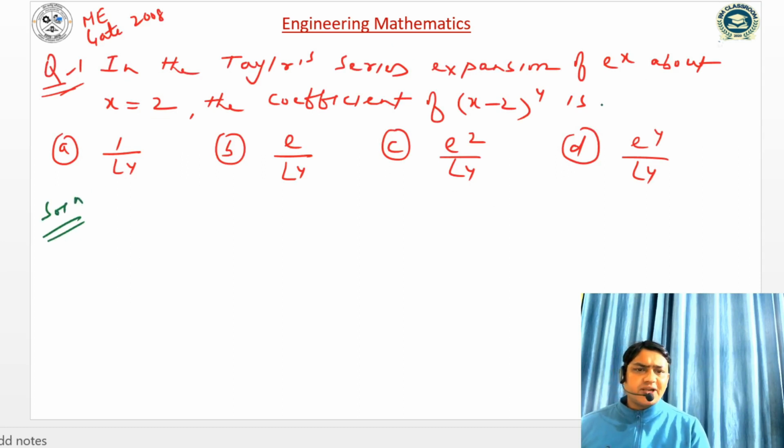In the Taylor series expansion of e to the power x about x equal to 2, the coefficient of (x minus 2) to the power 4 is?